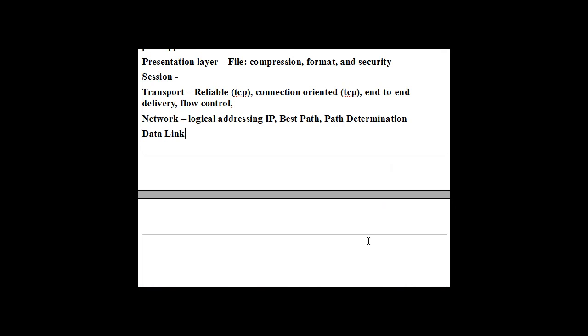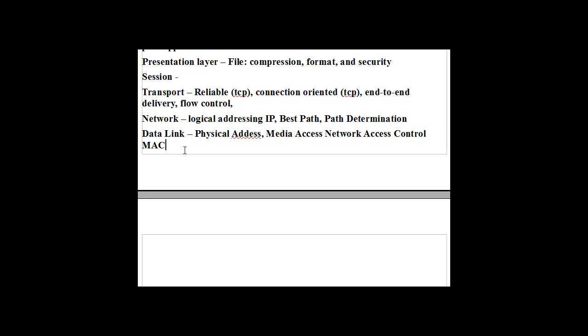Data link layer. If you see the words physical address, you know you're talking about the data link layer. If you see media access, network access, network access control, or media access control, which is MAC for short, you know you're talking about the data link layer.